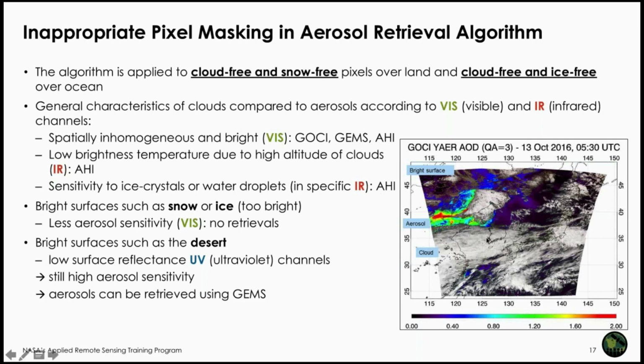The right figure shows an example of the aerosol retrieval. We can see bright surface and cloud pixels don't have any AOD values, but other pixels are retrieved with AOD from 0 to 2, like rainbow colors.